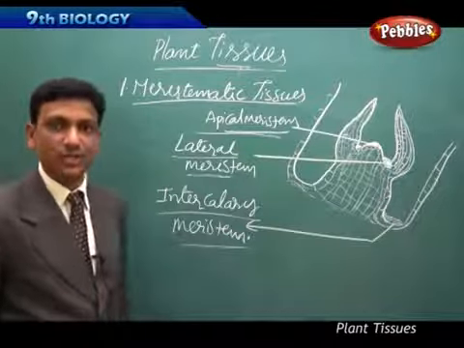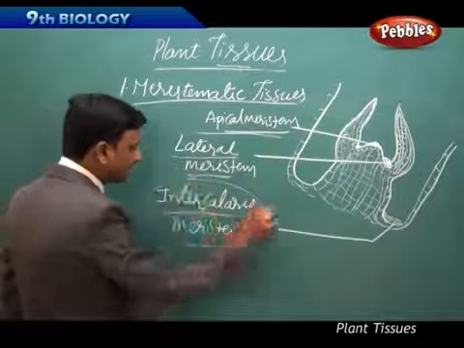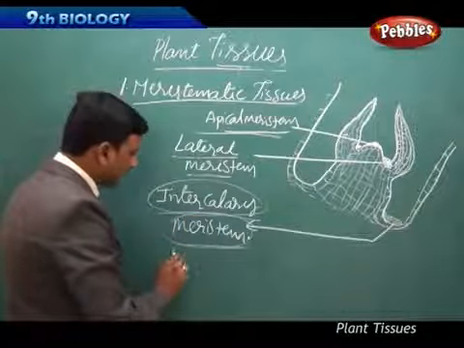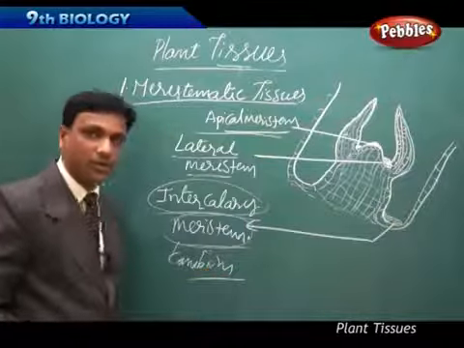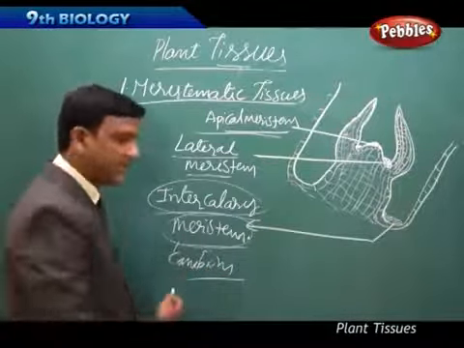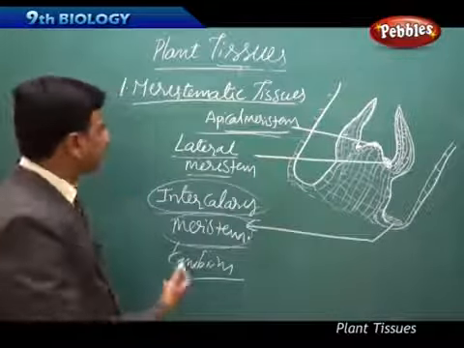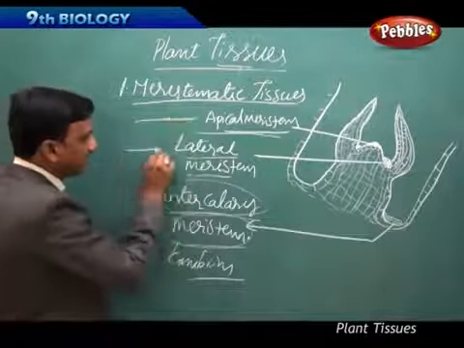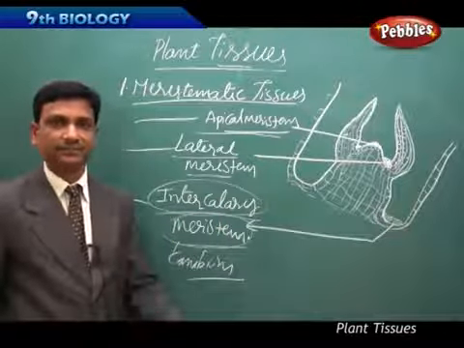So where a new branch or a flower or a stalk has to arise on the stem, at that place this intercalary meristem will be active, and this is also called cambium. It plays an important role in development of cells, that is the growth at the point where a branch or a flower or a fruit arises on the stem. So these are the different types of meristematic tissues: apical meristem, lateral meristem, and intercalary meristematic tissues.